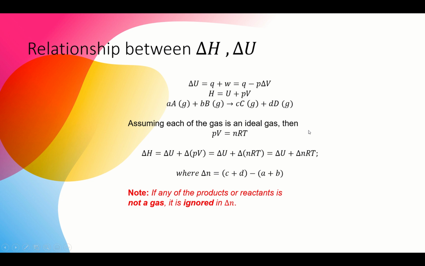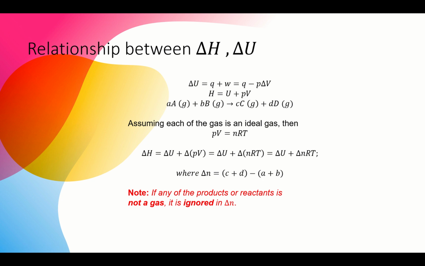Then we make a relationship between enthalpy and the internal energy. So we have the first expression, which is delta U equals Q plus W. And because W is given as such, and delta H equals as such, and assuming that we have an ideal gas condition, the final expression we get is delta H equals delta U plus delta nRT, in which delta n is equivalent to the number of moles of gas for the products minus that of the reactants.